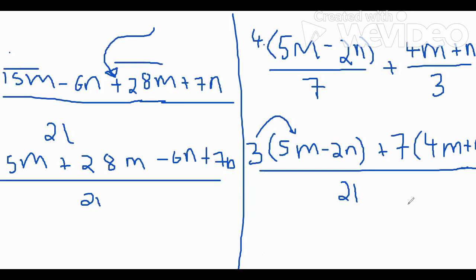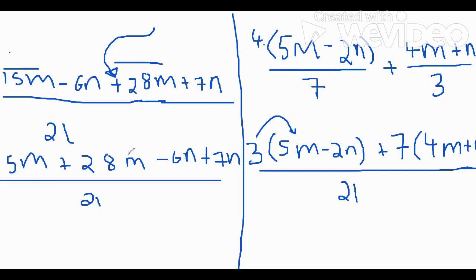All right, guys. Sorry about that. Where was I? So this should have been 7n. Right. So we're going to group like terms.